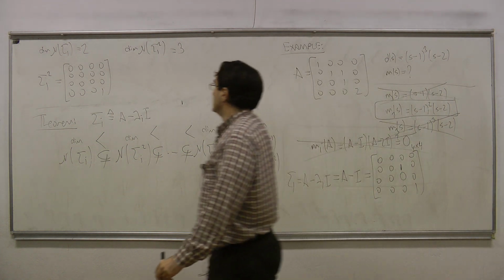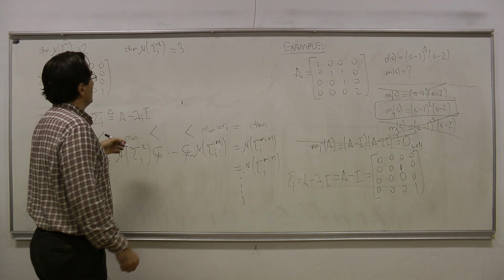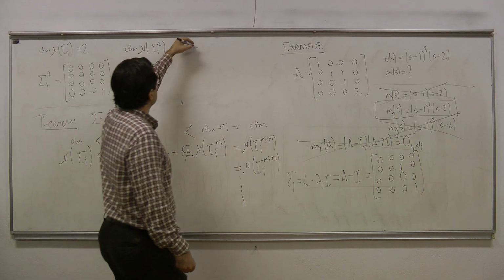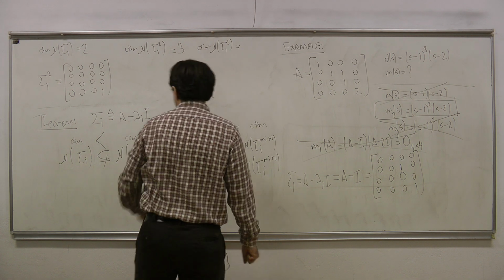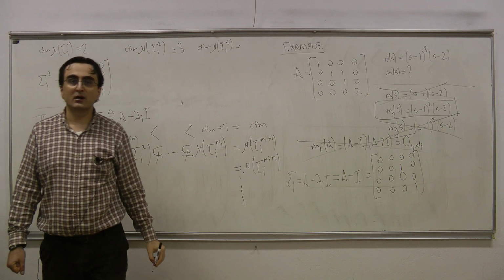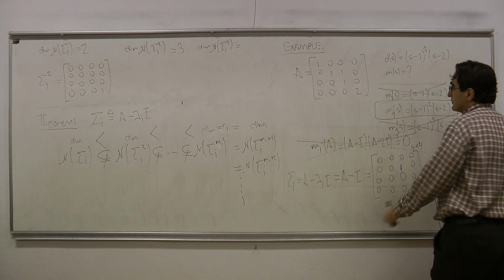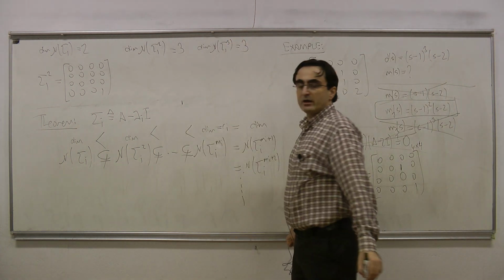So what is going to happen when I take the cube of this matrix? The null space of sigma 1 cube, what do you think this dimension has to be? Obviously, since this is the largest dimension that we can reach, this is going to remain as 3.